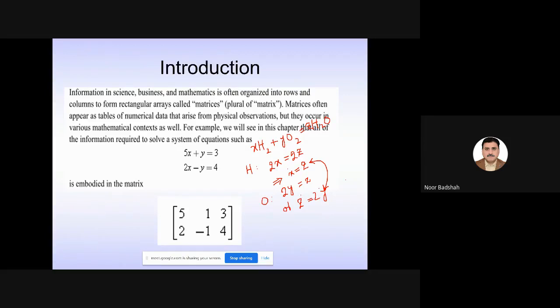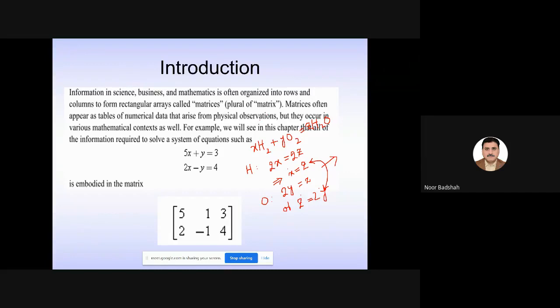So you might have learned in FSc that there would be one free variable. The difference between the number of variables and the number of equations is usually the number of free variables. What do you mean by a free variable? A free variable is one whose value can be determined by the user. You can put the value in by yourself. That's what we call a free variable.